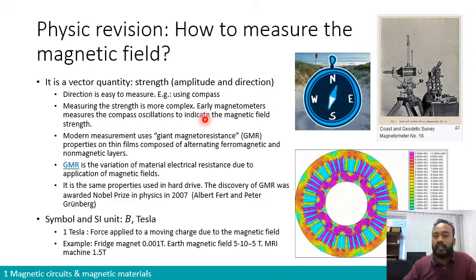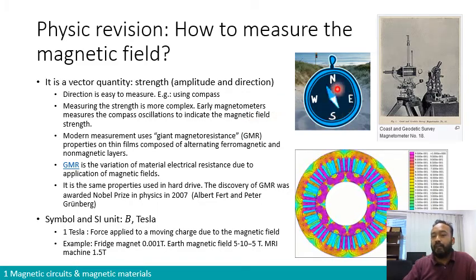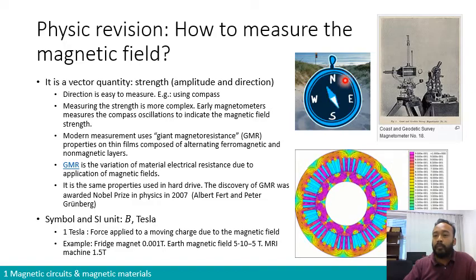For example, the early measurement instruments for magnetic field are called magnetometers. The early magnetometers measured the intensity of the magnetic field by measuring the oscillations of a magnet inside the magnetic field. If you deviate the magnet from its usual direction, it will go back to its steady direction, but it will oscillate, right?